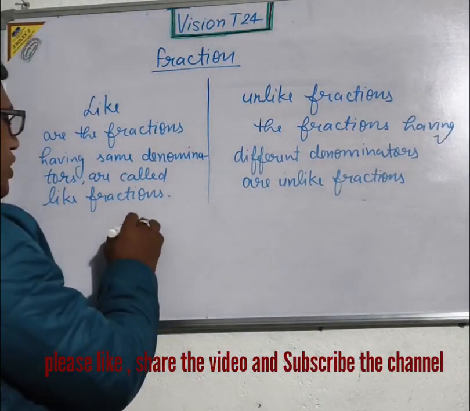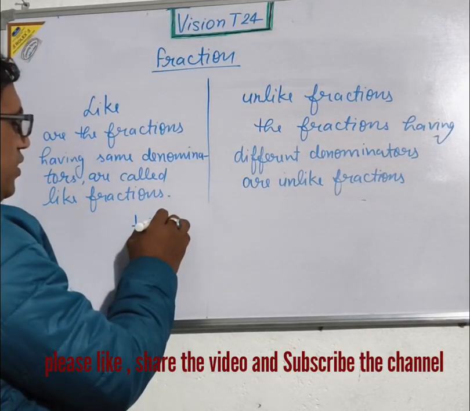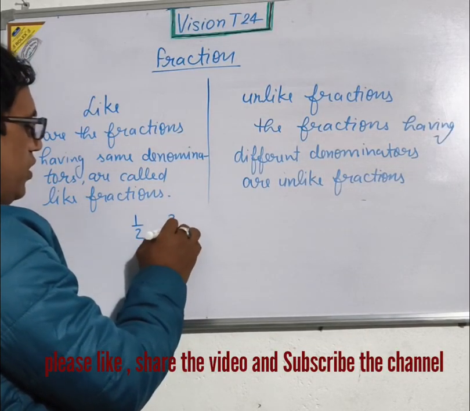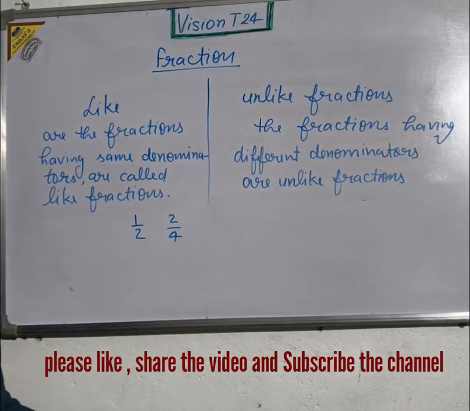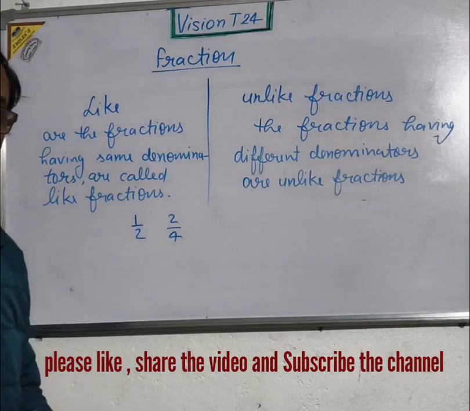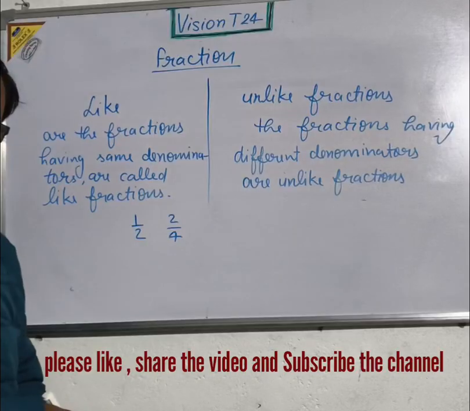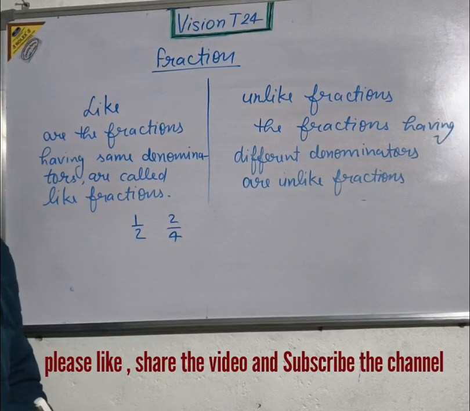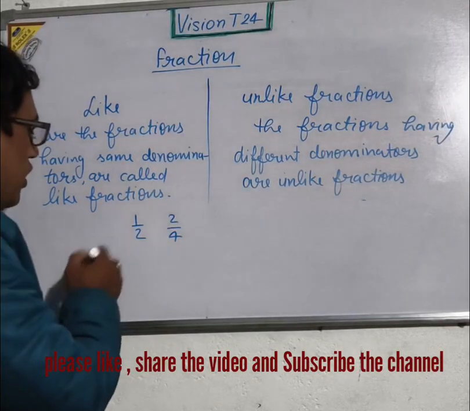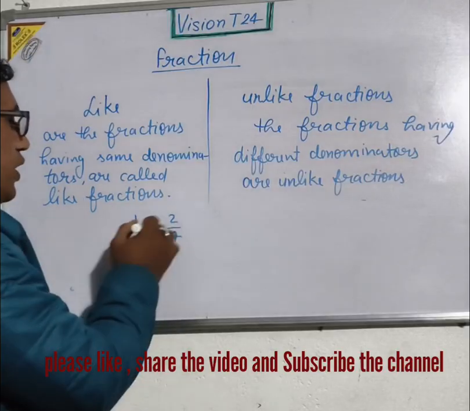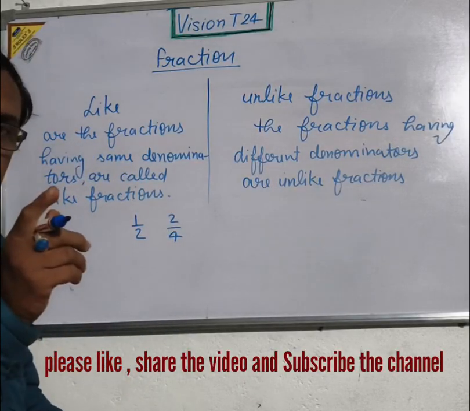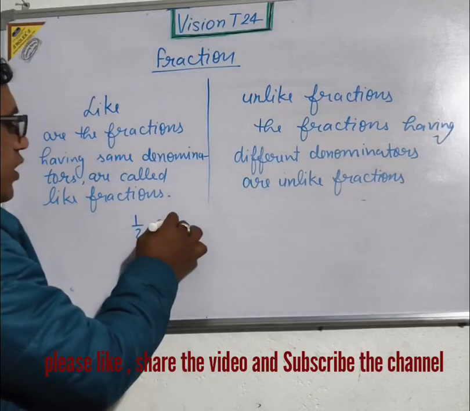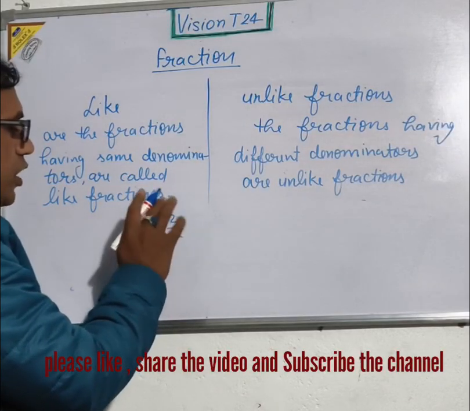Suppose I have written 1 upon 2 and 2 upon 4. What type of fraction is this? Prima facie, when you see the fraction, you will say this is unlike, but no, this is not an unlike fraction. If you simplify it, first of all, divide numerator and denominator by the same number.